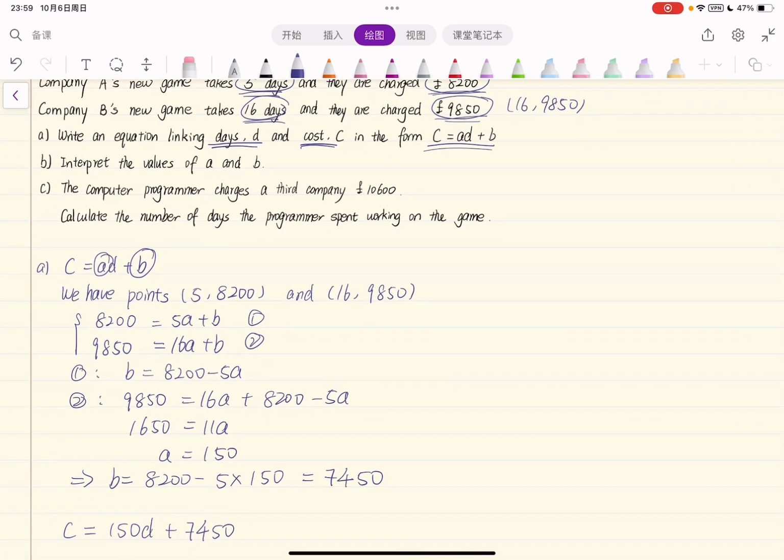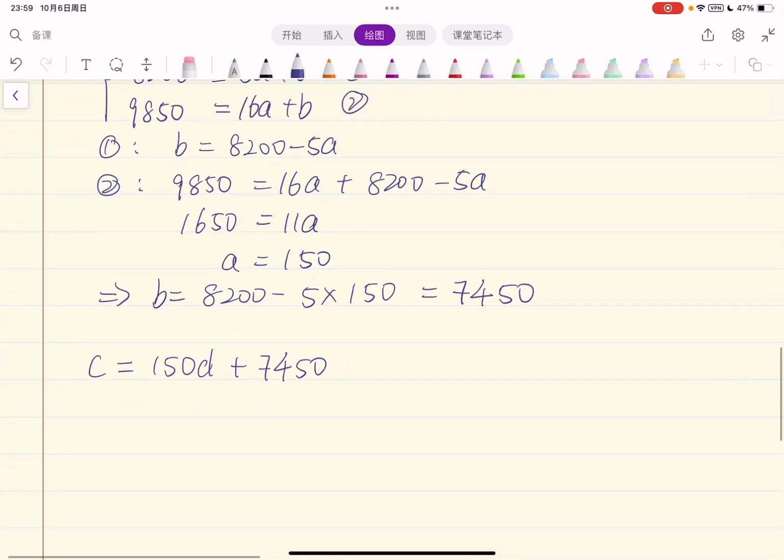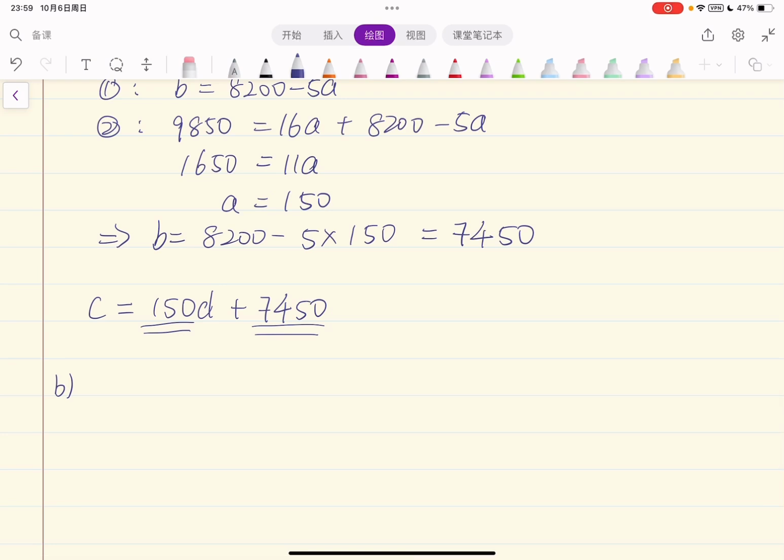Now for part B, it asks you to interpret the values of A and B. So we know that A is 150 and B is 7,450. So what is A? A is the gradient of this equation.